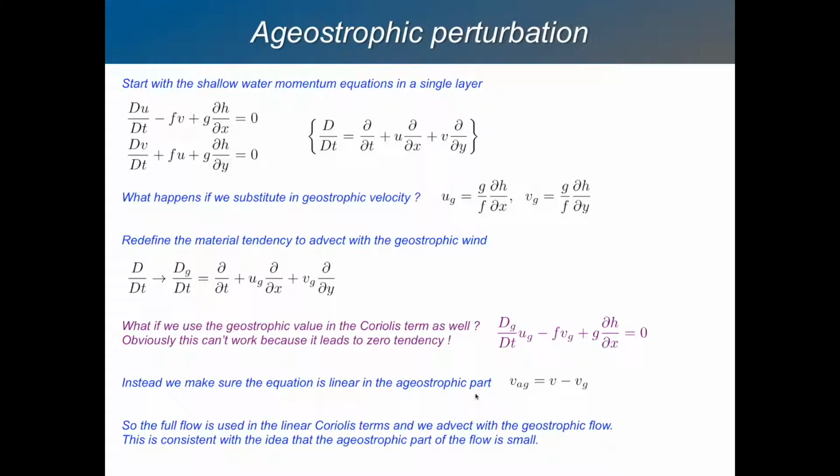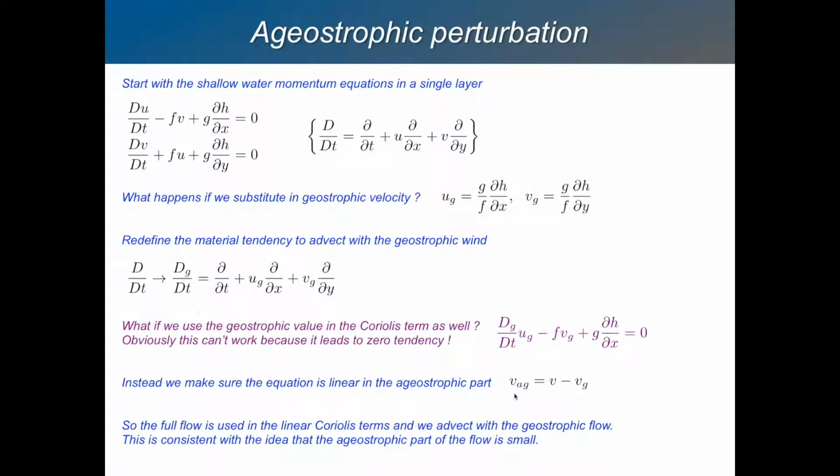If you have something that is small and you have an equation with linear terms and nonlinear terms, then the nonlinear terms in the small thing are going to be negligible, because they're going to be squares, etc., of those small things, which are very small. So if we make sure our equation is linear in this, then that'll be useful, because we can neglect the nonlinear terms. And linear equations are easier to solve.